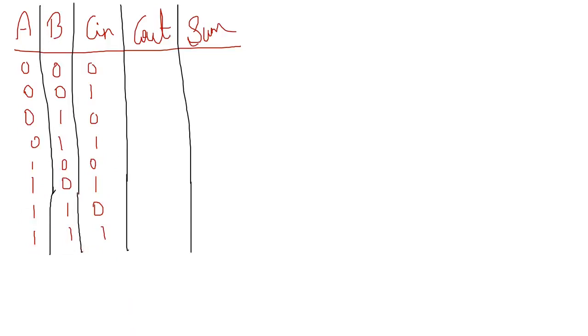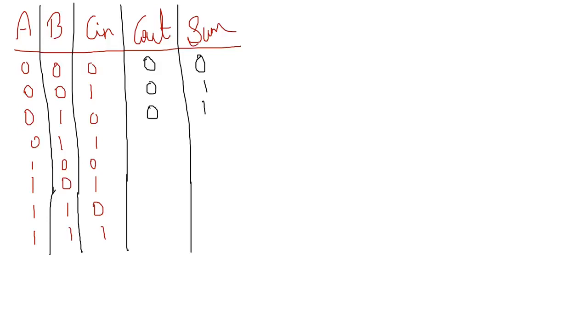Okay, so the sum of 0, 0, 0 is 0 and we are not giving any carry, so the carry out is 0. The sum of 0, 0, 1 is 1 and the carry out is 0. 0, 1, 0: sum is 1, carry out is 0. 0, 1, 1: 0 plus 1 is 1, 1 plus 1 is 2.